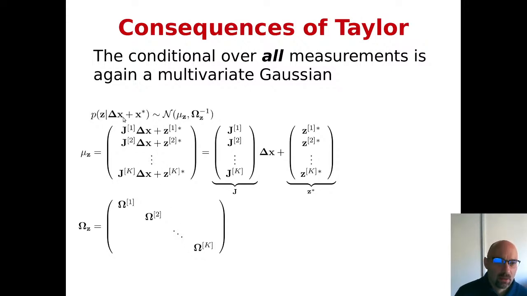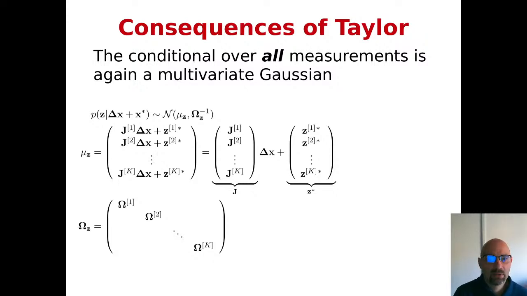So this object here is the joint distribution, the conditional distribution of all the measurements given a perturbation of the state, the optimal state and the perturbation. Well, this is a joint distribution, isn't it?